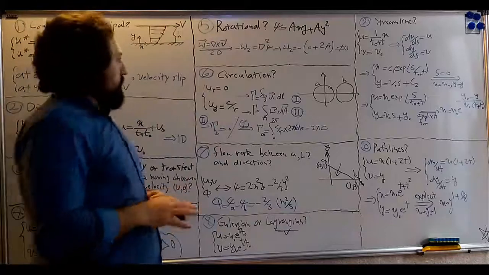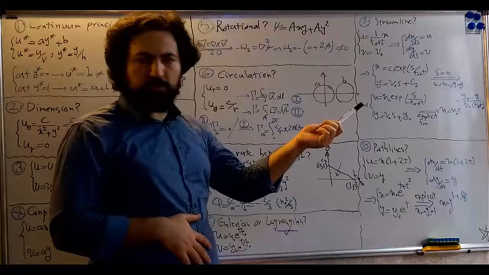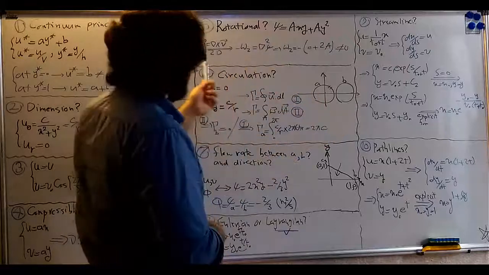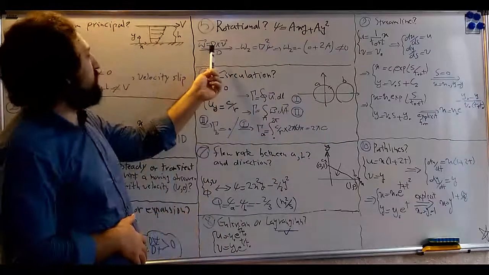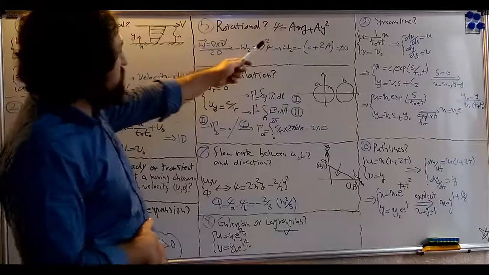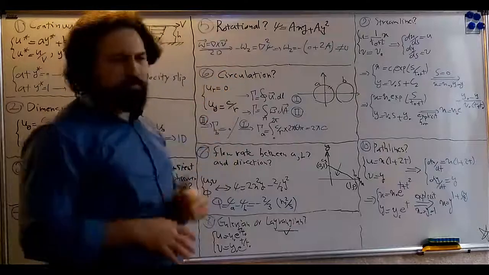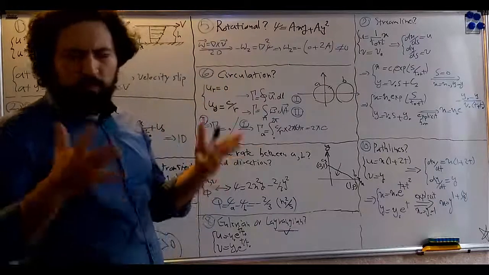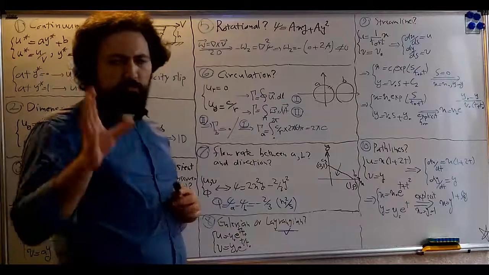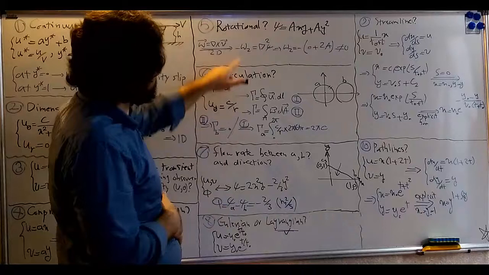But alternatively, you can directly compute the vorticity vector using the stream function. Vorticity equals the curl of the velocity field. In two-dimensional cases, as you see, we have a two-dimensional stream function, so it can be proved. It's so straightforward. You can try it using the definition of the vorticity and the stream function.